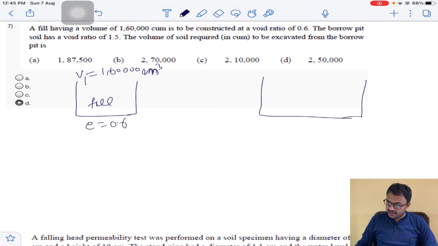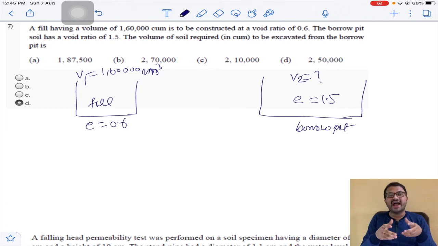And a borrow pit, this is a borrow pit, so the volume is what we need to calculate. This borrow pit has void ratio e equal to 1.5. So the borrow pit has a certain void ratio.